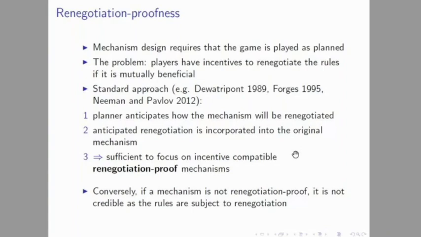Now, the crucial assumption behind the mechanism design literature, which is of course huge, and it basically shapes all microeconomic theory at the moment, the crucial assumption behind mechanism design, game theory, if you wish, more generally, is that the rules of the game are there.